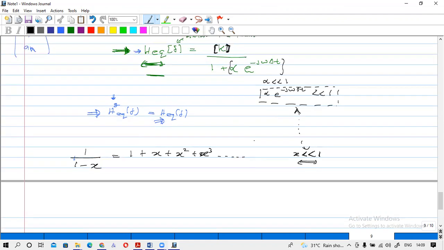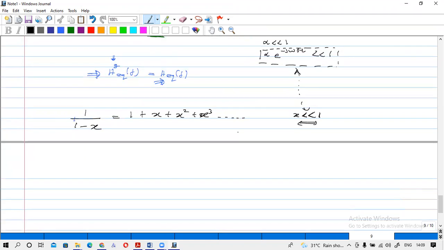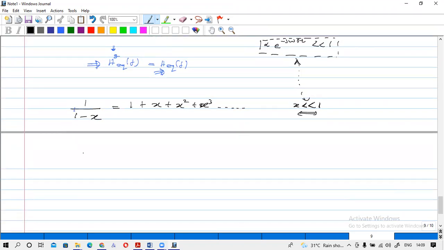So here alpha e to the power minus j omega delta t is equal to, I will put the minus here, minus x, like this.